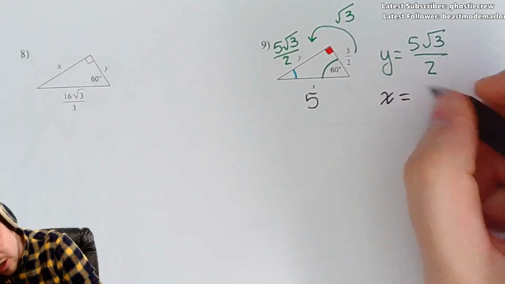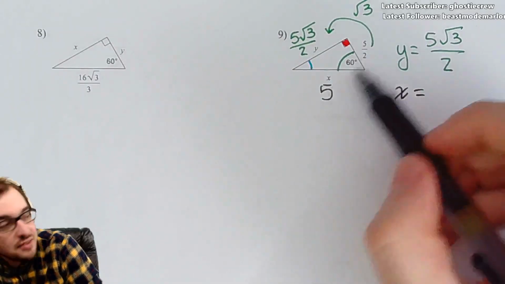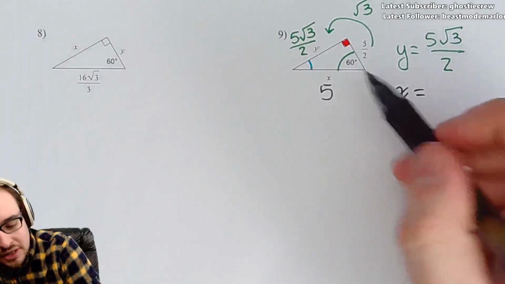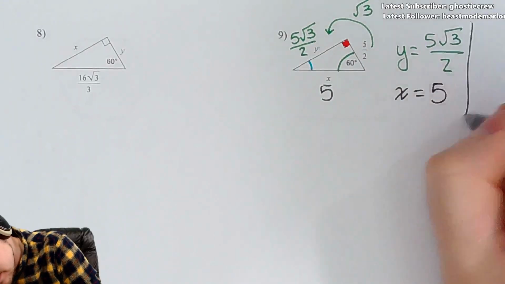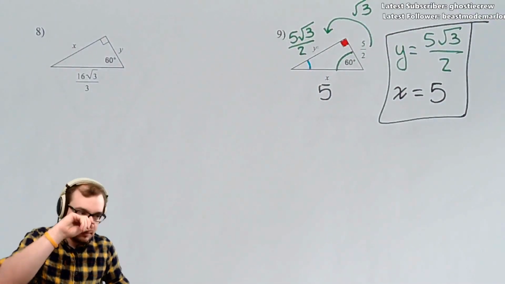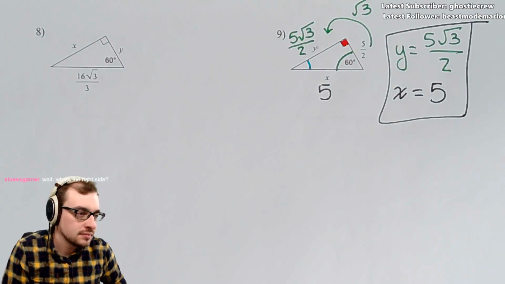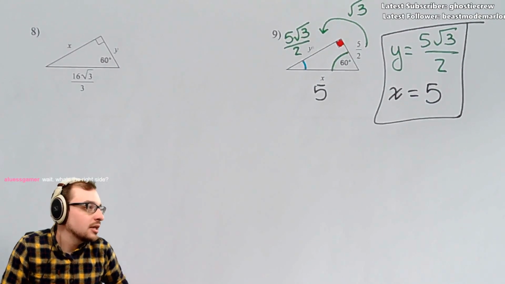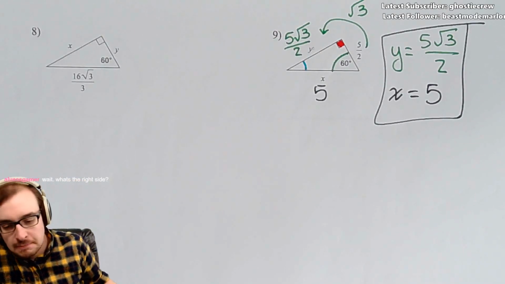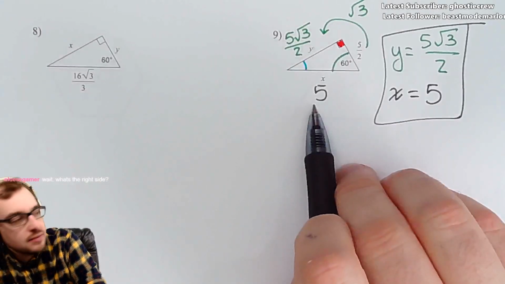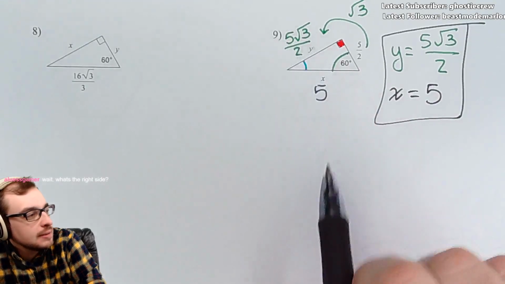You can do Pythag if you know two of the sides. So after I had these two, I can do Pythag to figure that out, but I think it's probably easier just to know your right triangles. What's the right side? 5 root 2, 5, 5 root 3 over 2.